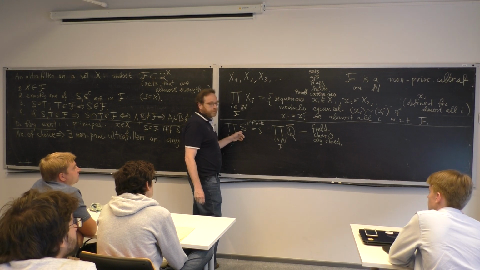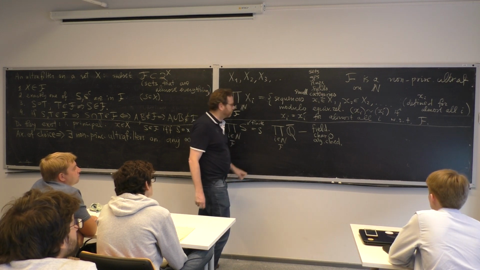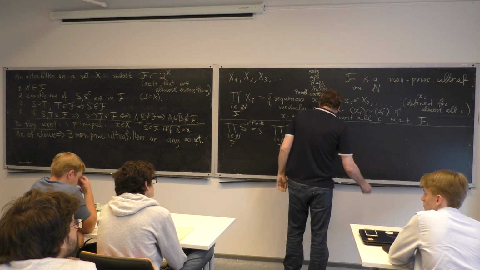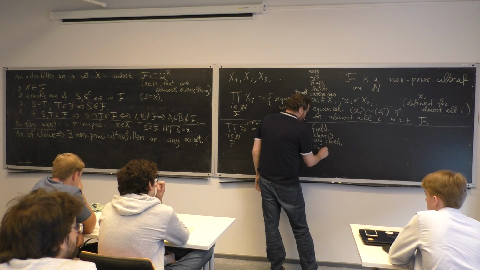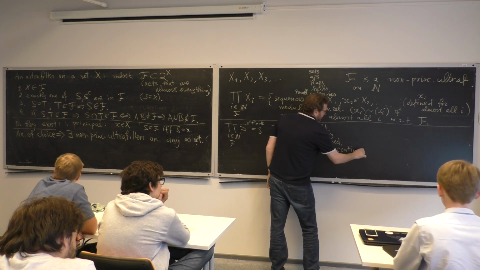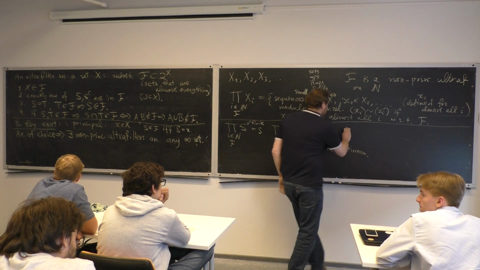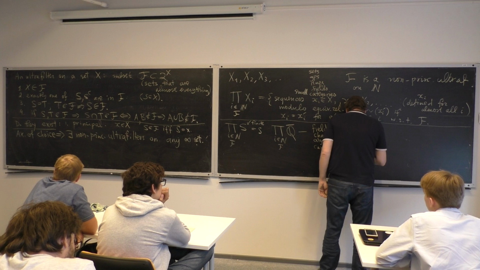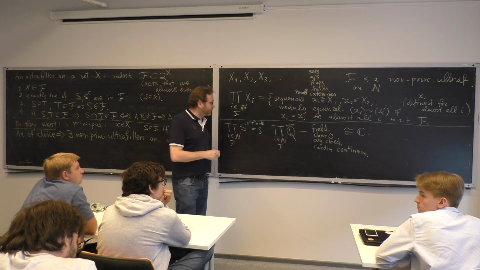If the sizes of these sets grow, then the limit will not be finite. And it is algebraically closed, and it has cardinality continuum. But then there is a standard theorem that any field with these properties is isomorphic to the field of complex numbers, non-canonically. So we get the field of complex numbers.